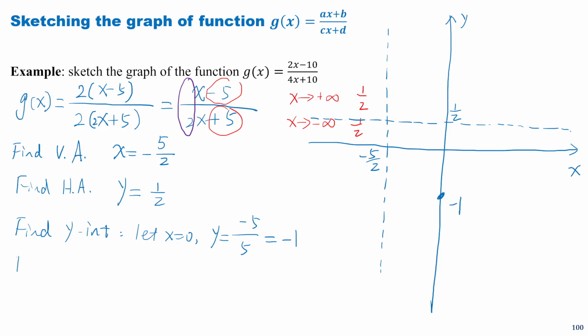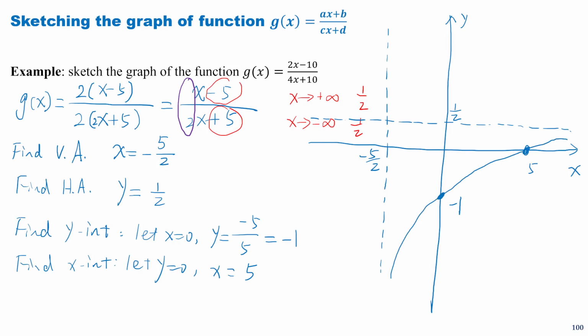And then let's find its x-intercept, which means we let y equal 0 and find x. If y equals 0, x must equal 5, right? So its x-intercept is here. So that means the function must cross these 2 points, which means you must have a branch like this, right?